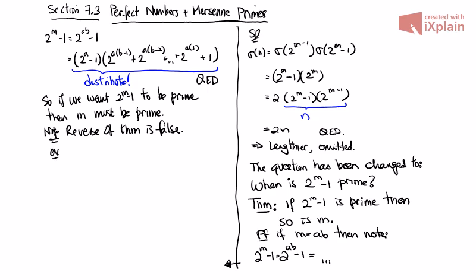So for example, if m is 11, that's prime. 2 to the 11 minus 1 is 2047, and that's 23 times 89. So it doesn't work both ways. But the key thing to keep in mind is that this fact up here means we only need to check m's that are prime.